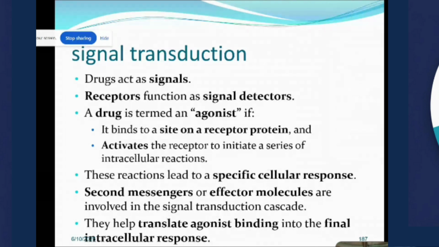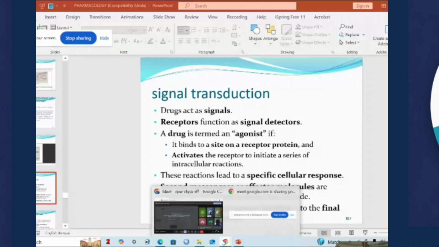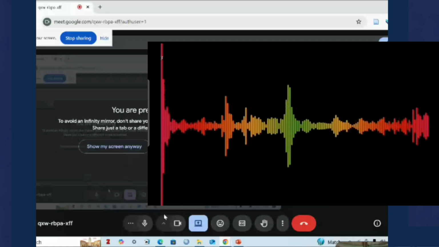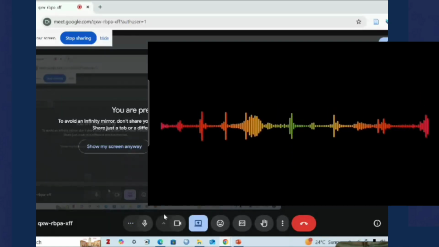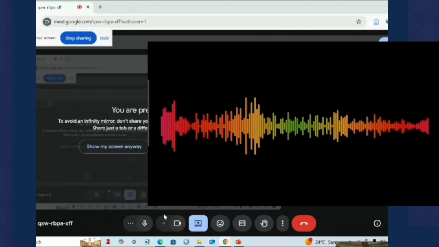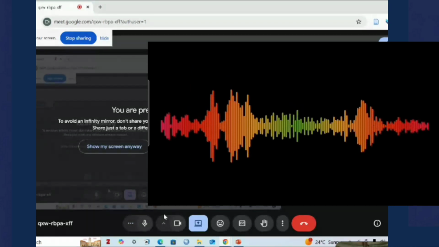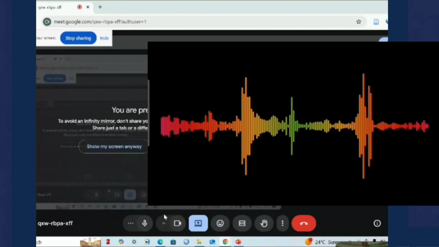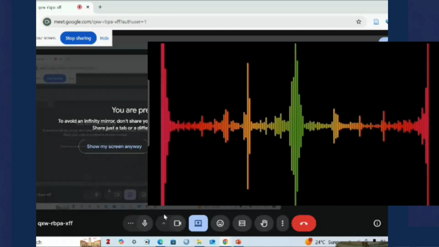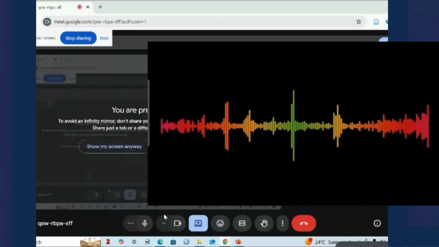Maybe just to confirm, any second messenger systems that you are aware of, just a listing, no explanations. Cyclic AMP, right.